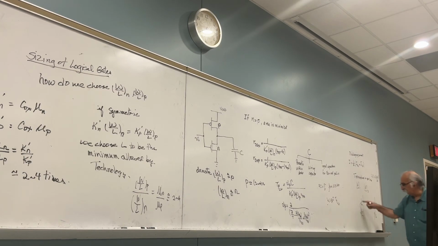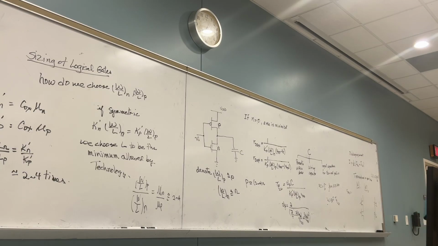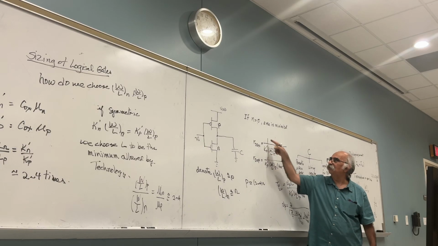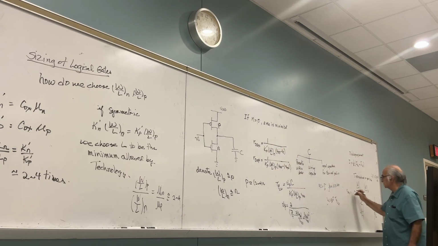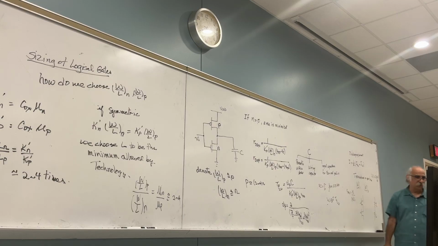Okay. I want the equivalent of this. What is R on of this one? R on of this one, which I erased, was what? All of this is constant, so I'm going to say it's proportional to K1 over W over L. Agree?